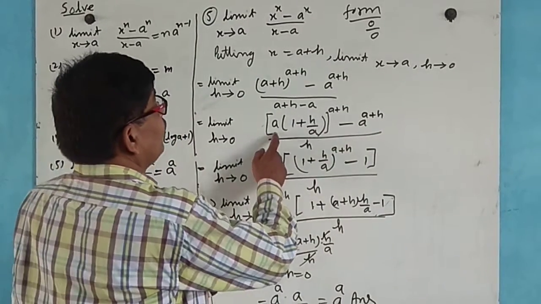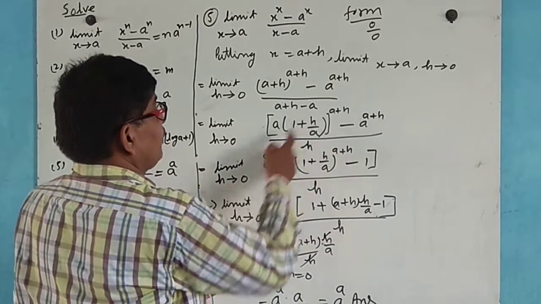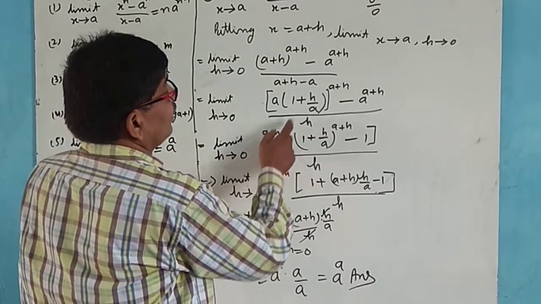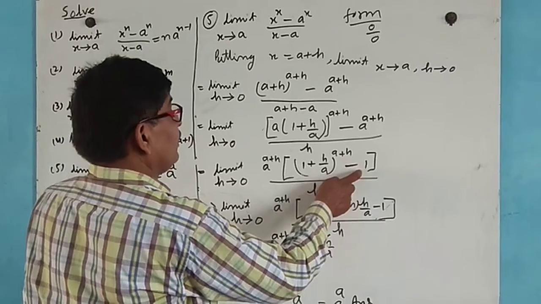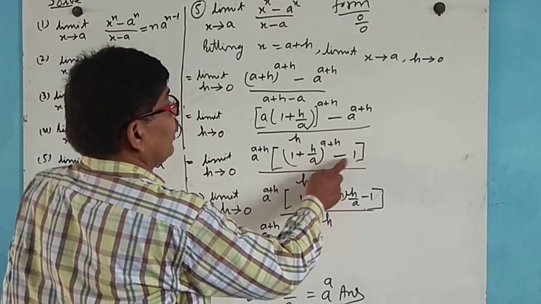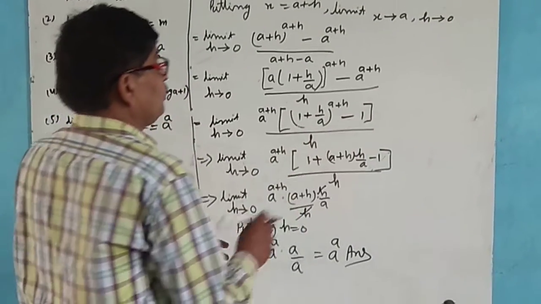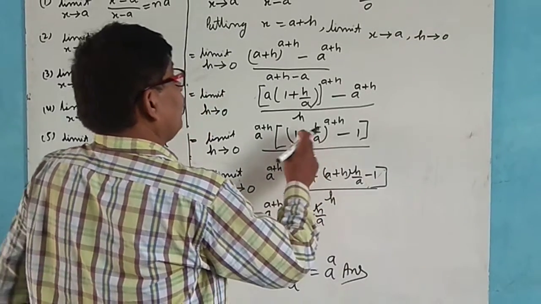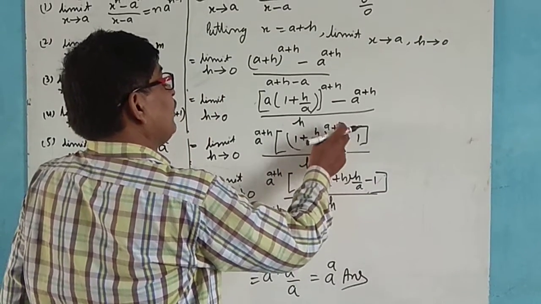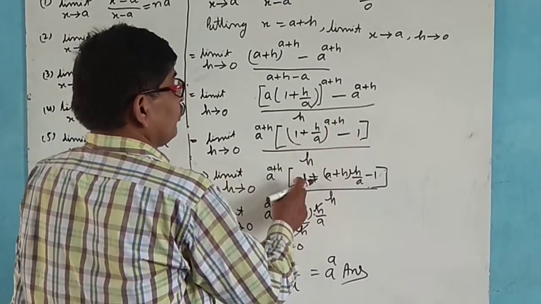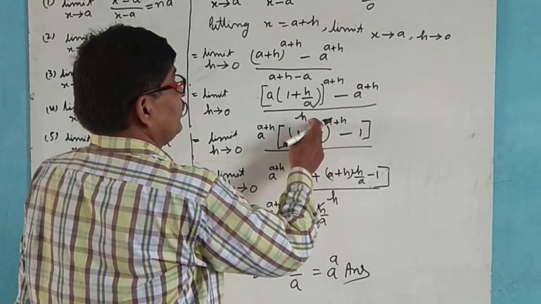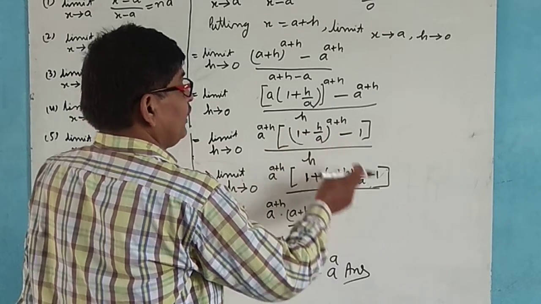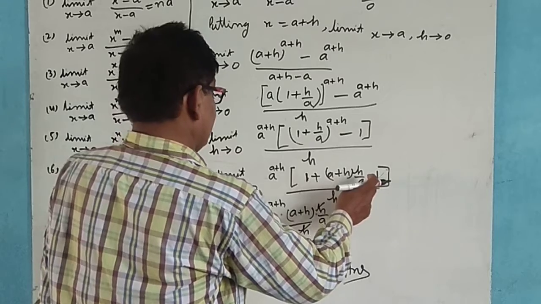Now it comes out here a to power a plus h, and here minus 1. Now 1 plus h by a to power something, so that this is 1 plus a plus h into h by a, now minus 1.